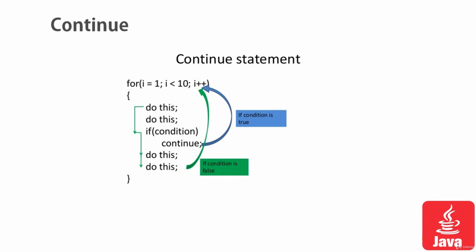In normal execution, when the if condition is not matched, all four statements will be executed, and the loop will continue until termination. When the if condition is matched, the continue will run and it will not execute the following two statements. Only the two written above the if statement will be executed, and it will move on to the next iteration if the condition is true.